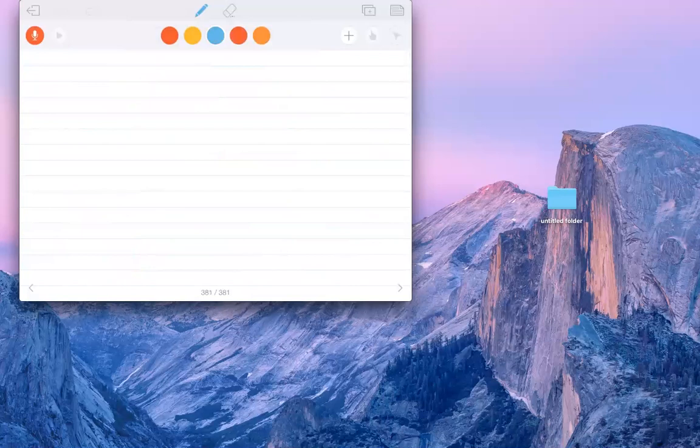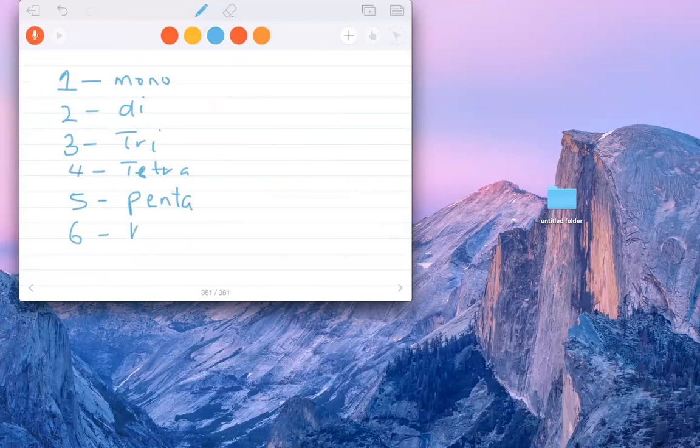The prefix indicates how many atoms you have. If you have one atom, it's mono. Two means di. Three is tri. Four is tetra. Five, like a pentagon, is penta. Six, like a hexagon, is hexa.